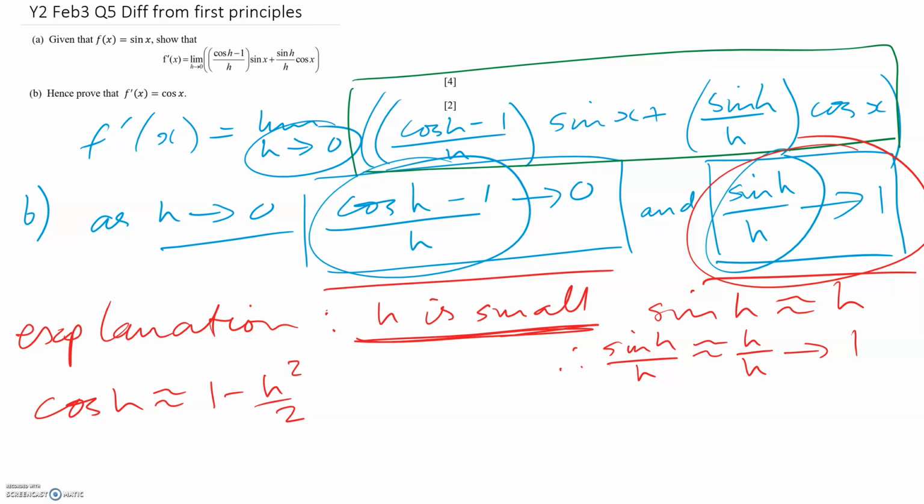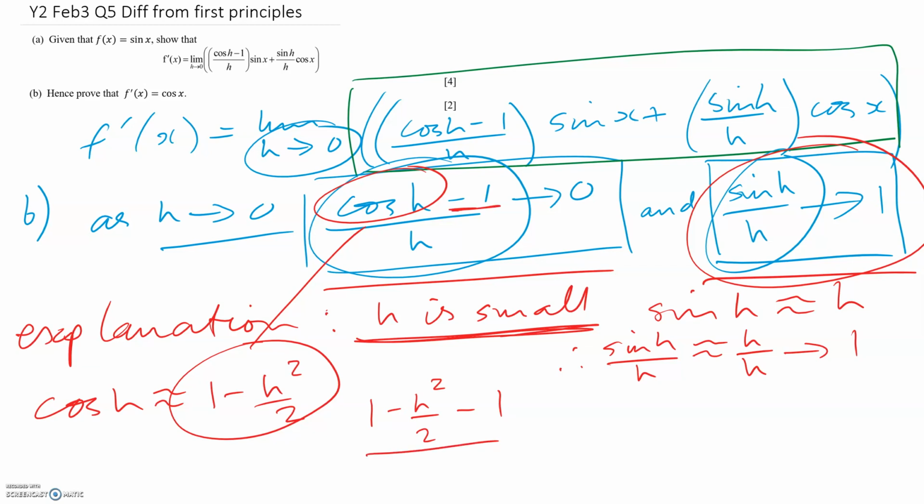Now if we substitute all of this instead of this cos h here, that will give us 1 minus h squared over 2, all minus 1, because we've got to include this minus 1 here, and all of that is over h.